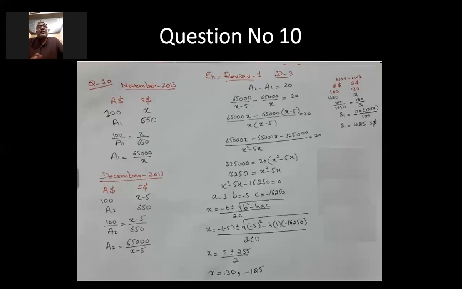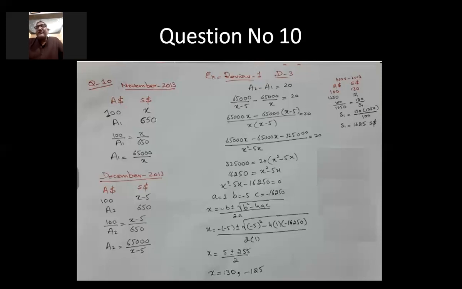So if you want to find out the Australian dollars, it will be directly proportional. You can see that in a certain way we have written these values here. So I will convert this into fraction and it will be 100 by A1 equals to X by 650. We will cross multiply. So I want to find out how many Australian dollars we get. So Australian dollar will be equals to 65000 divided by X.